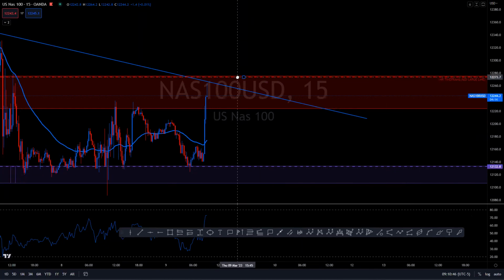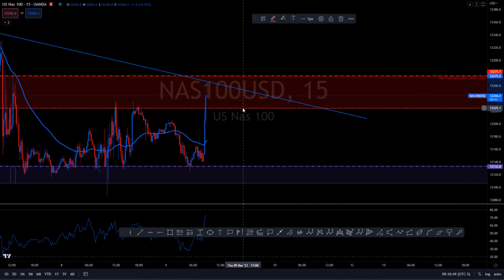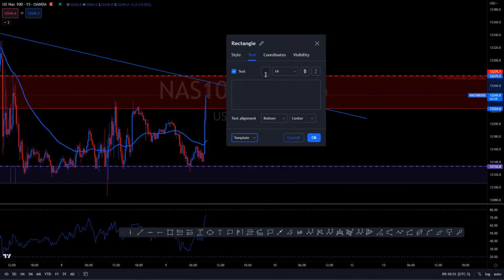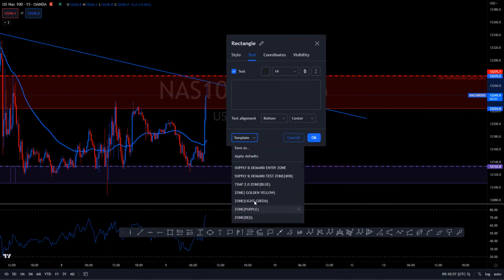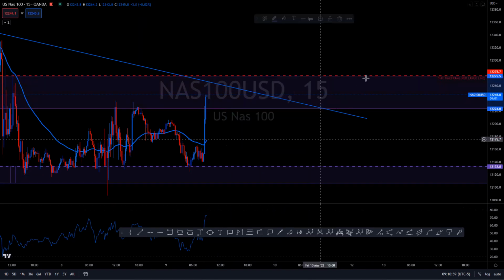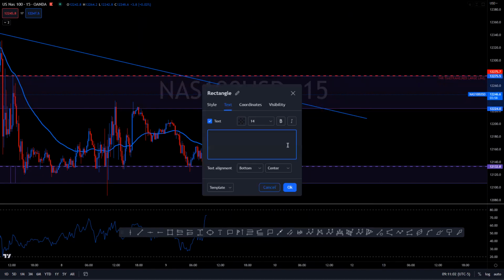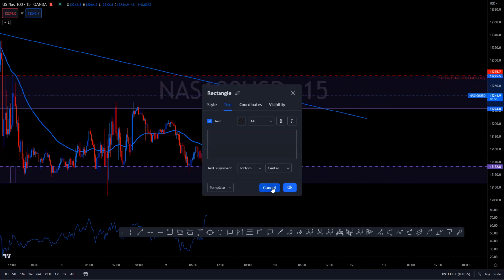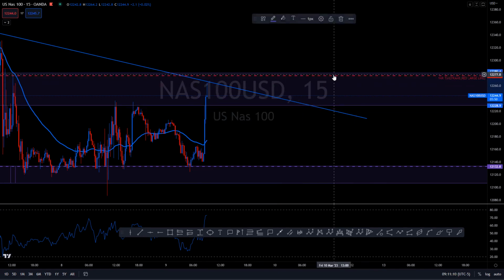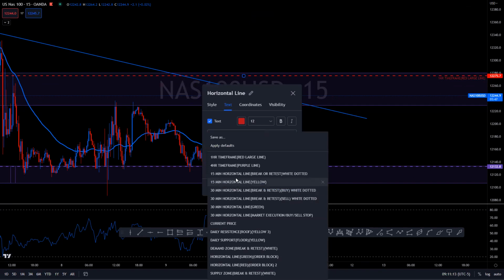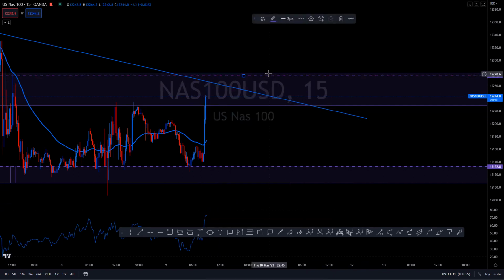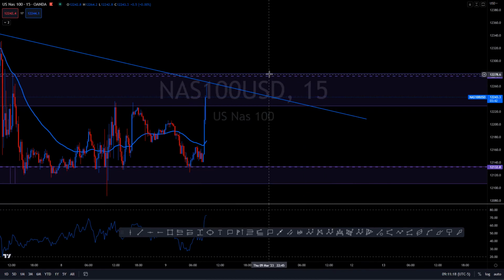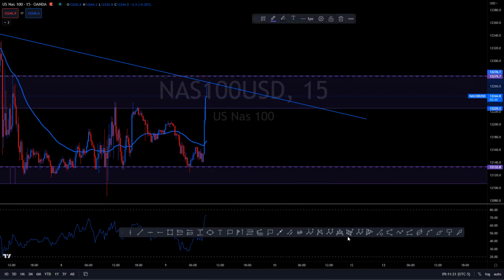Once that happens, then we'll go ahead and make our decision as far as what we want to do. So we're going to wait until the 9:15 candle closes, and then we'll move on to the next step. So be right back.